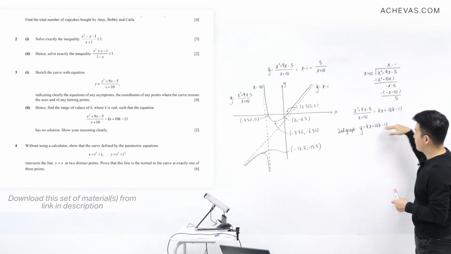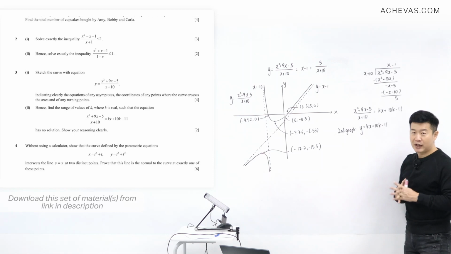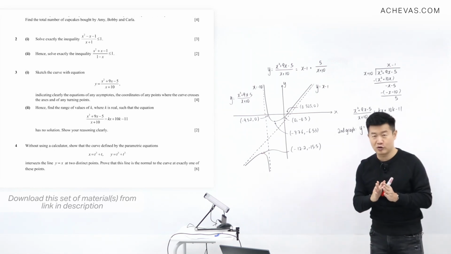If you observe this line equation, although we cannot draw the full line, there are points on the line that I do know how to draw, right?